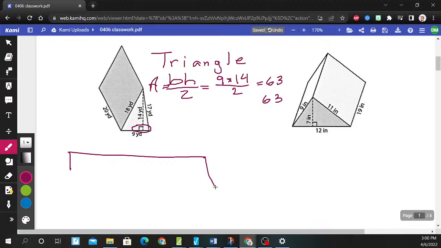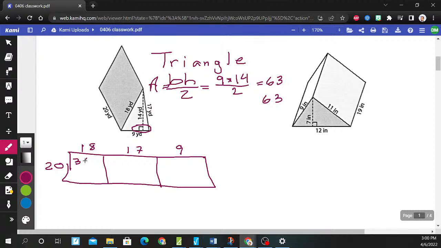But then there's the lateral surface area. The distance from the front triangle to the back triangle is 20 yards. So we'll put our 20 here. Then we have 18, 17, and 9. 18 times 20 is 360. 17 times 20 is 340. And 9 times 20 is 180.